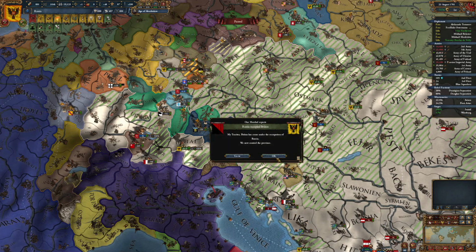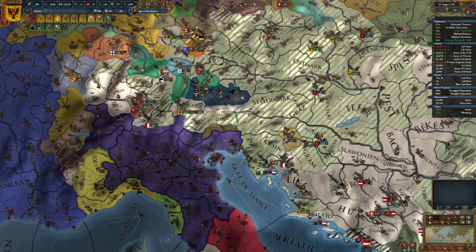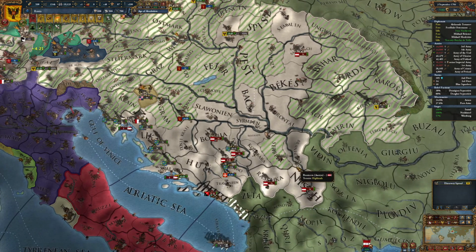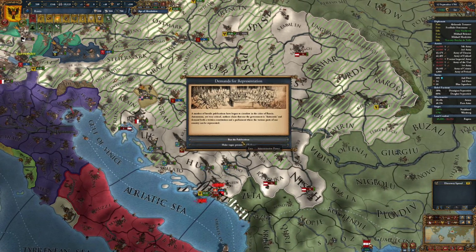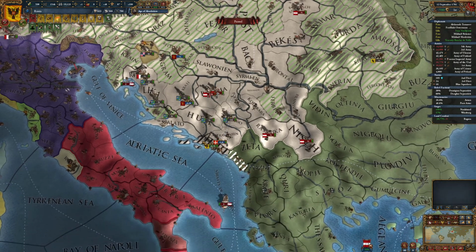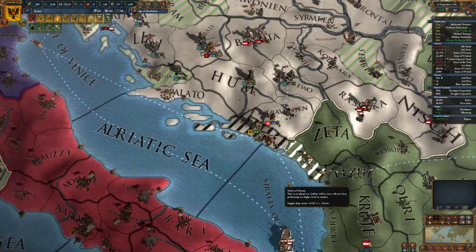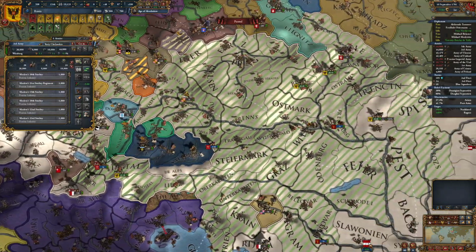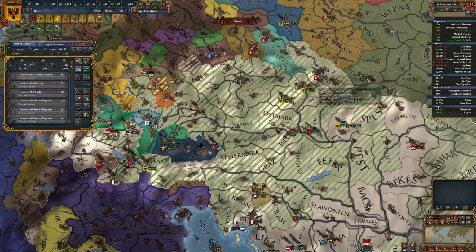I want to have all of their forts under my control at least, and make sure there are no rebels, like no provinces should be controlled by a rebel of any kind.